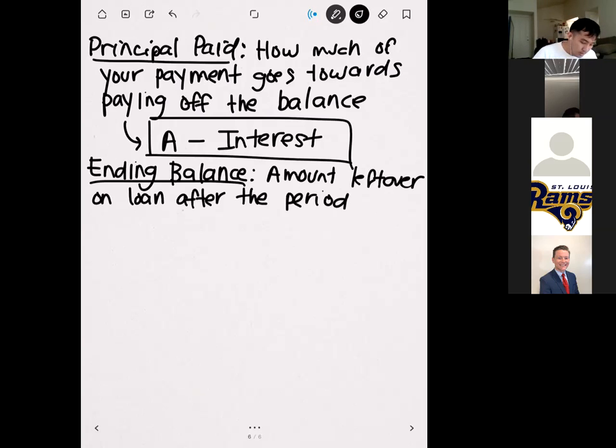And so the end balance is simply the beginning balance of that period minus the principal paid.